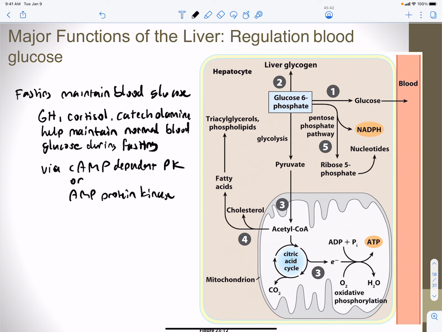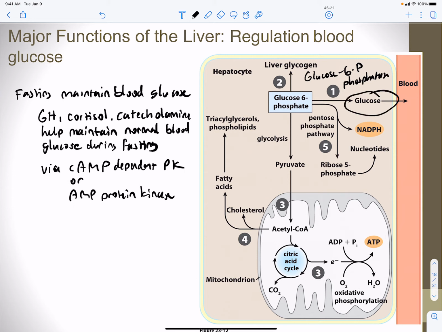Now, for the intermediate need for glucose, glucose 6-phosphate is going to be dephosphorylated by the phosphatase in your liver, and that will release, of course, glucose.